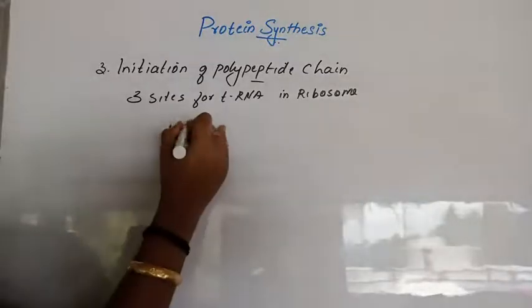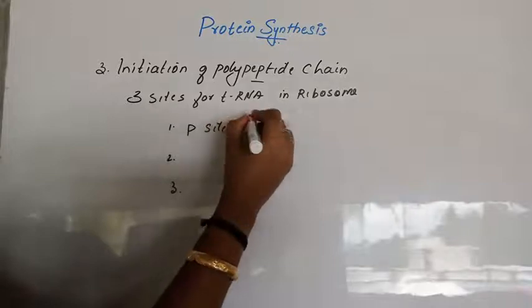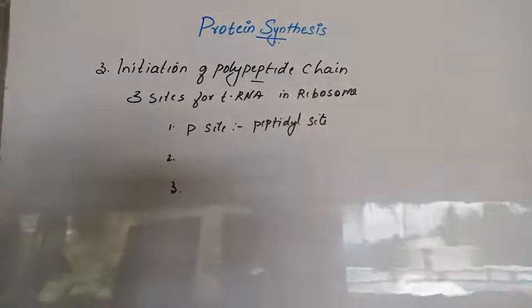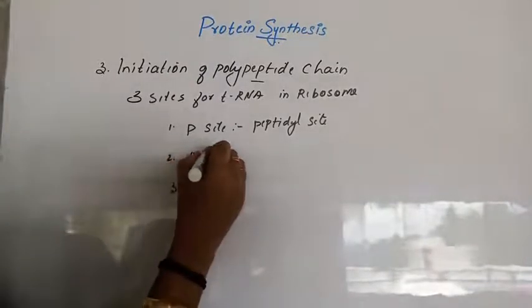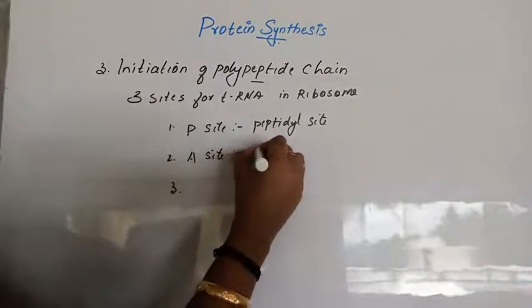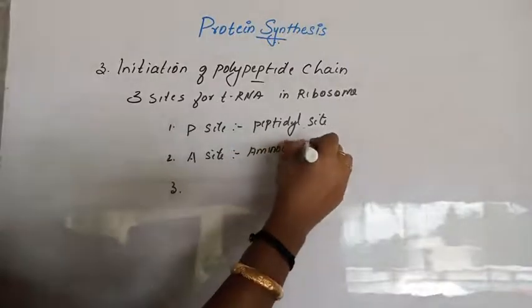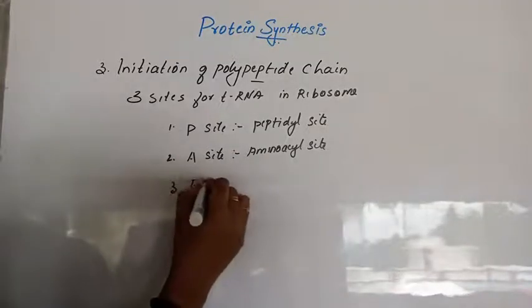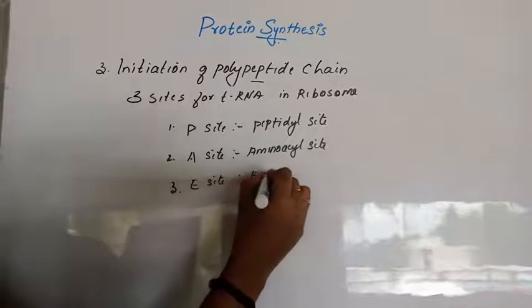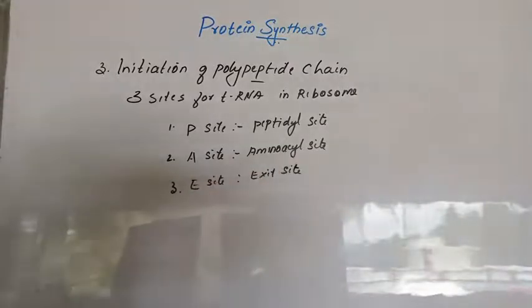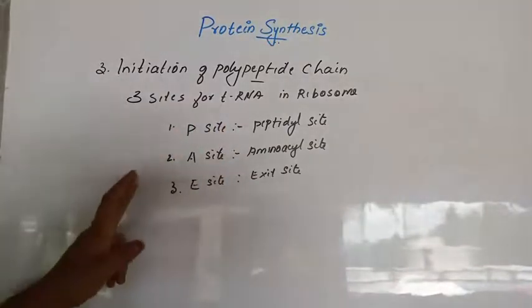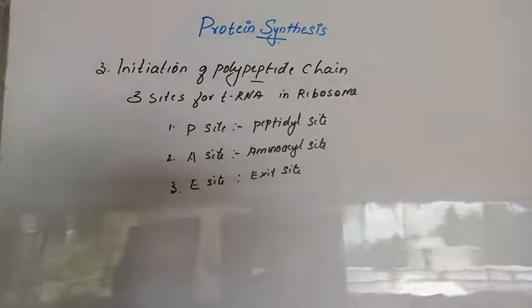First one is the P site, called the peptidyl site. Then the A site, the aminoacyl site, and finally the E site, the exit site. So P site is the peptidyl site, A site is the aminoacyl site, and E site is the exit site.